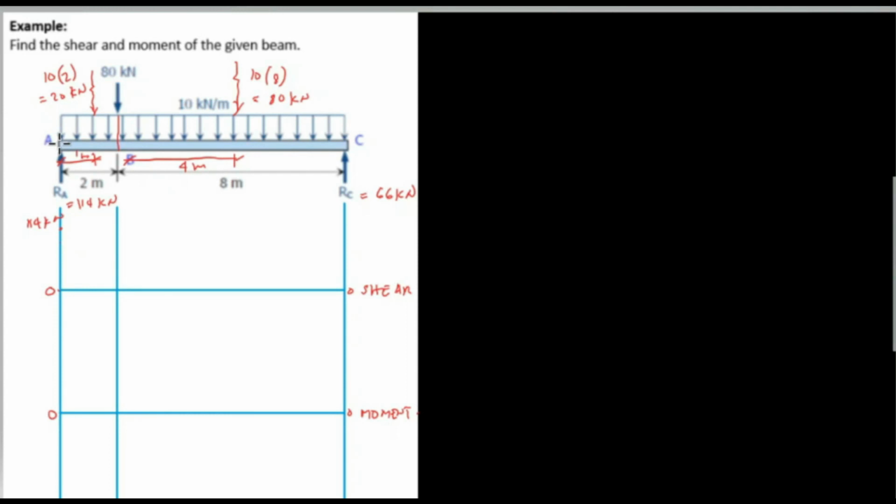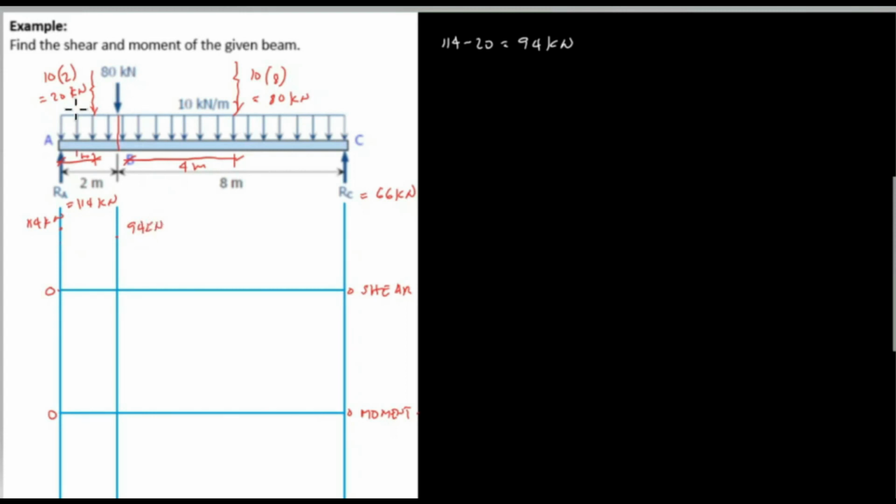Then, from A to B, we have a uniform load, and the resultant is 20 kilonewtons, which means downward direction. So we will compute the values of 114 minus 20, or equivalent to 94 kilonewtons. The value of 94 kilonewtons will be at point B, and it will drop 20. So this is 94 kilonewtons.